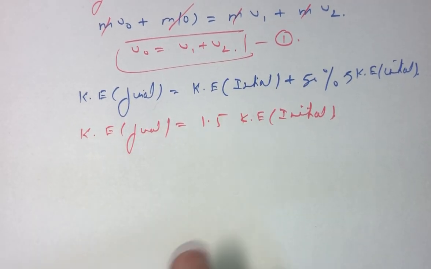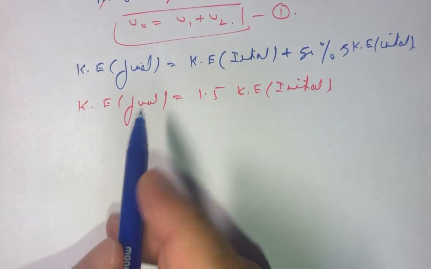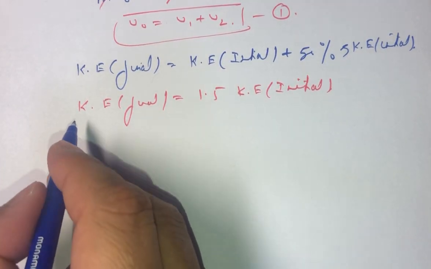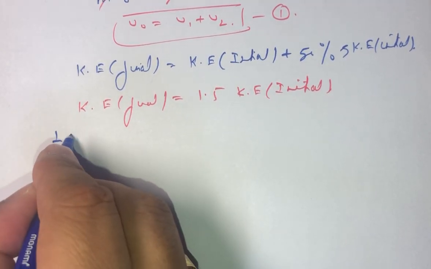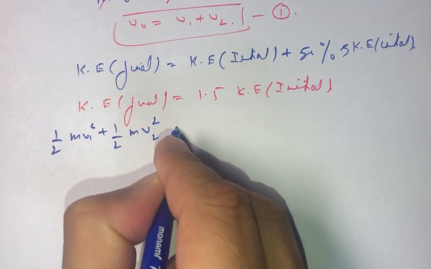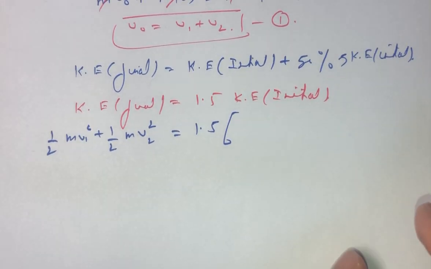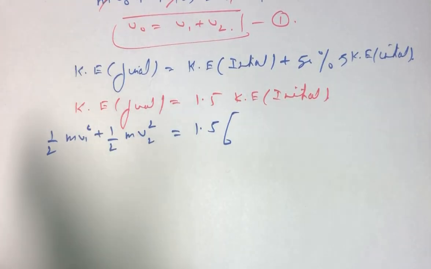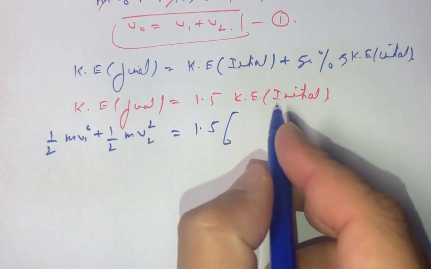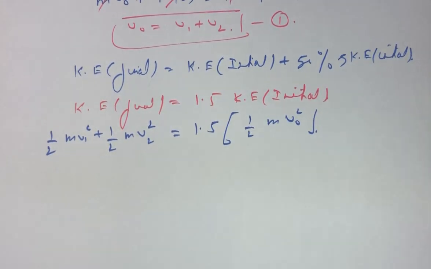Now we substitute the formula. So kinetic energy final will be kinetic energy of particle 1 plus kinetic energy of particle 2. So we get half m v1 square plus half m v2 square is equal to 1.5 times, and initially only one particle is moving with velocity v0, particle 2 is stationary with velocity 0, so we get half m v0 square.